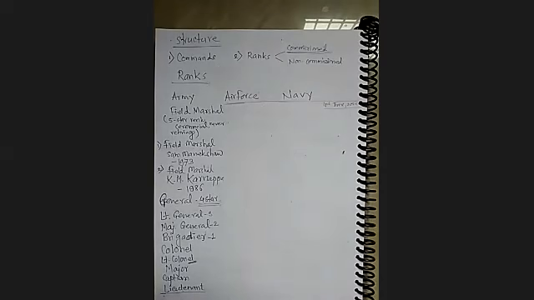From brigadier onwards, the star rank starts. So the brigadier is a 1-star rank. After brigadier, there is major general, which is a 2-star rank. Hopefully now you understood the last two.